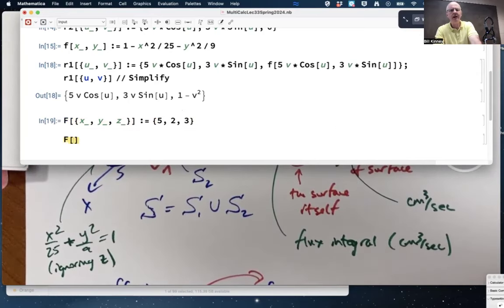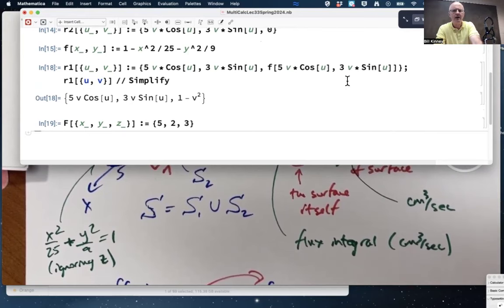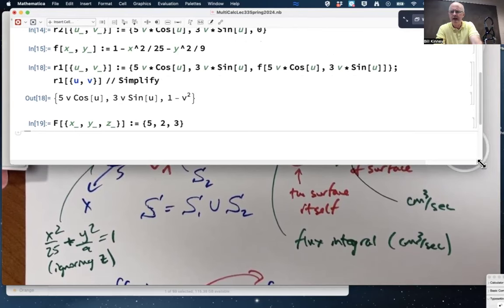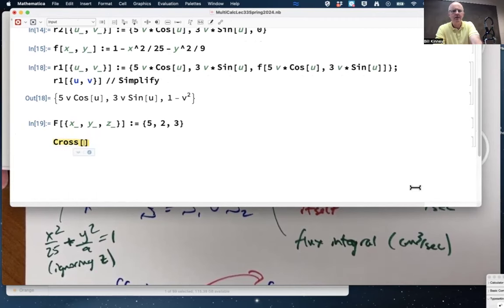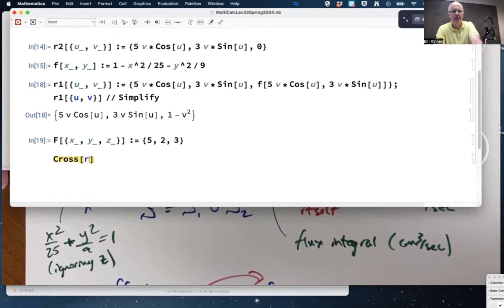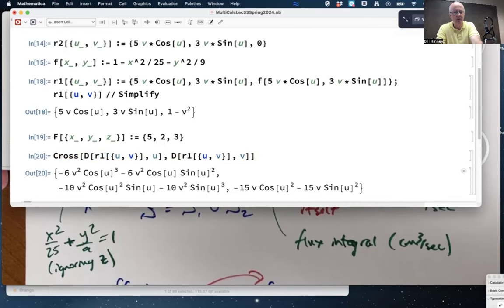So when I plug in, well, let's compute the cross product as well, both for R1 and R2. I'm computing the cross product first for R1, the derivative of R1 with respect to u. Usually in my answer keys, I think I've been computing that separately, but let's see if it works like this. And the derivative of R1 with respect to v, does that work?